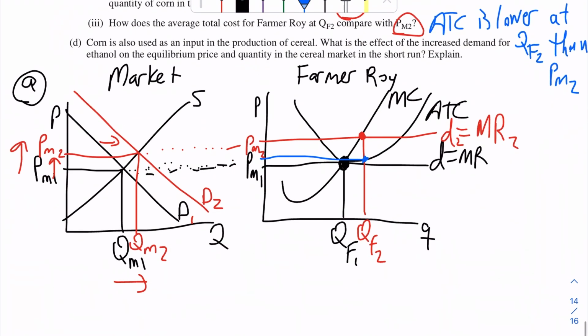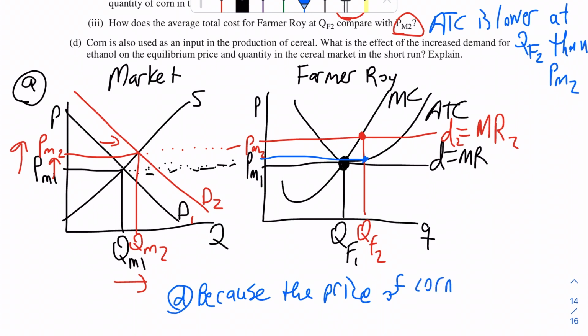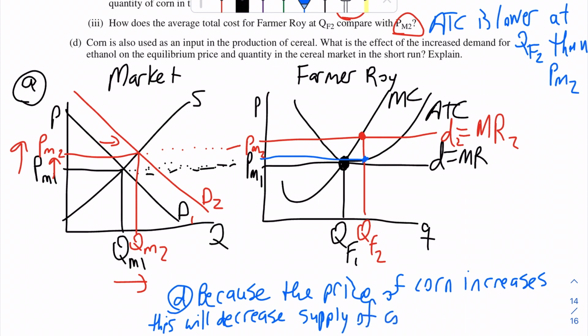So for part D, what you would say is that because the price of corn increases, this will decrease supply of cereal.